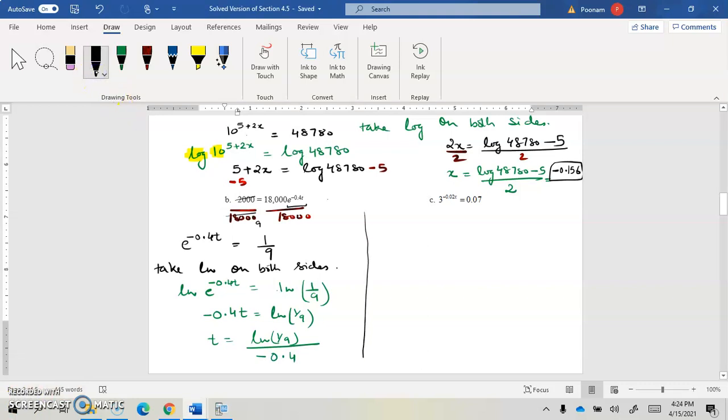Let's look at part C. 3 raised to power negative 0.02x is equal to 0.07. Now the exponential is already isolated and the base is 3. So we can take any log, common log or natural log. Let's take common log on both sides.